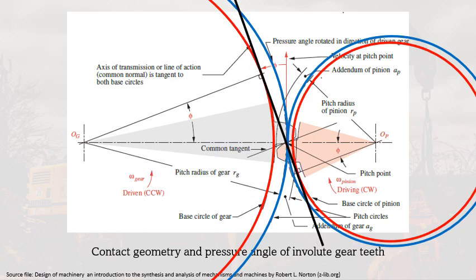And then this line here, which is tangent to the base circle, as you can see, forms 90 degrees to both the meshing gear teeth. So also at 90 degrees, therefore it's tangent to the red circle or the base circle. This represents our axis of transmission.